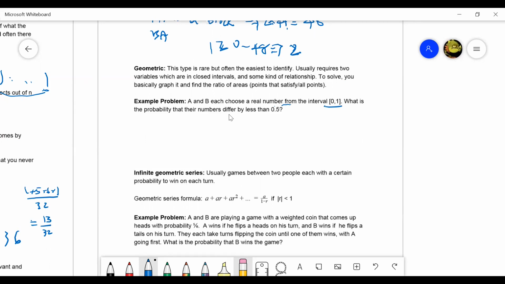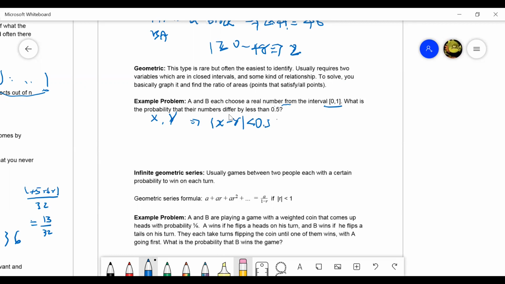And so if we let the two numbers chosen be x and y, then we know that the absolute value of x minus y is less than 0.5.